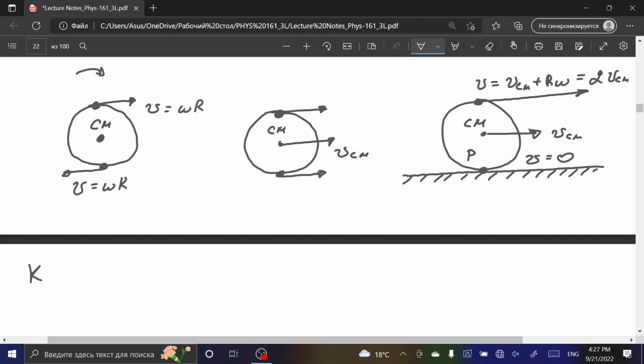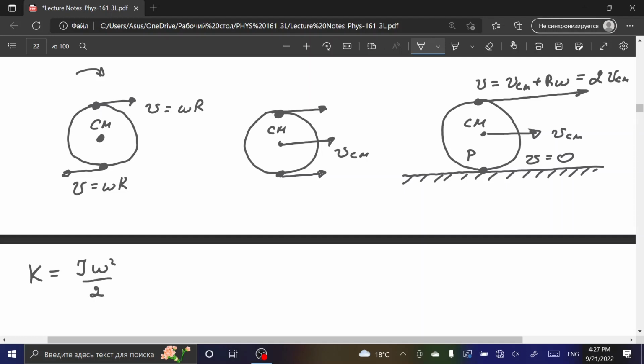We know that the kinetic energy of any rotating object can be represented as moment of inertia times omega squared divided by 2.